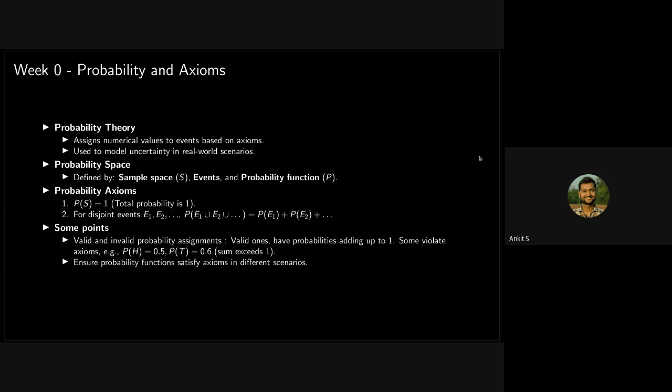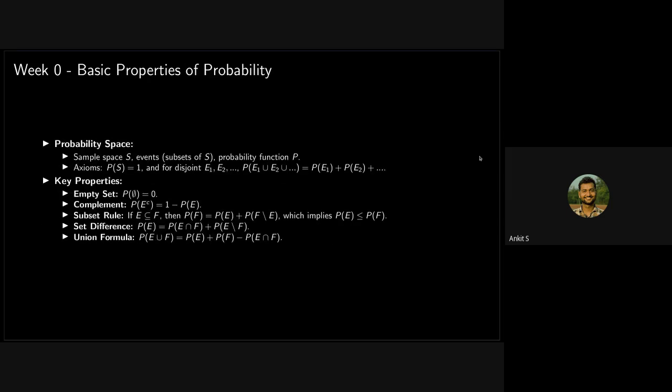For example, suppose two teams are playing a cricket match, and you say that this team is more likely to win the match than the other team. But in probability, we are trying to quantify every likelihood, every possibility. To follow that we need some kind of theory, so we call that probability theory. And these are some other things that you will look at.